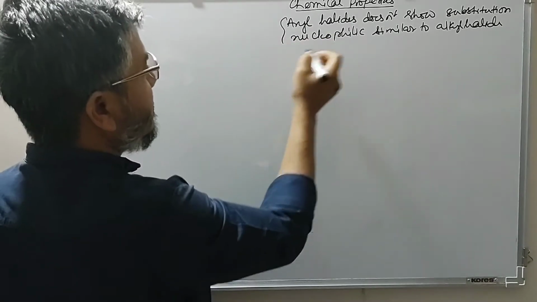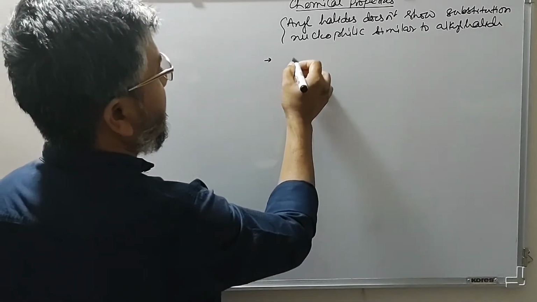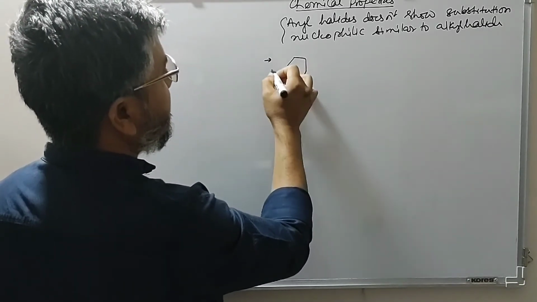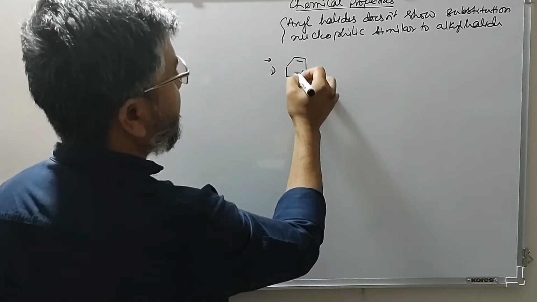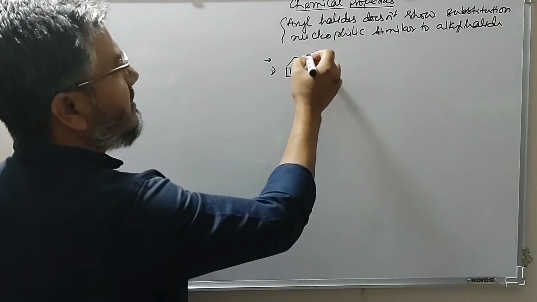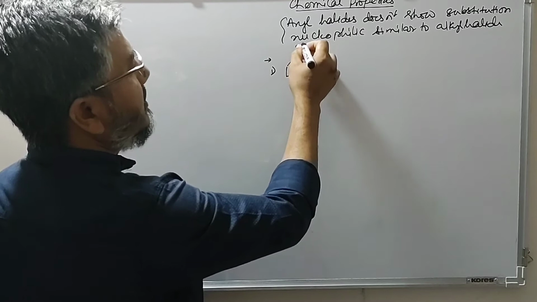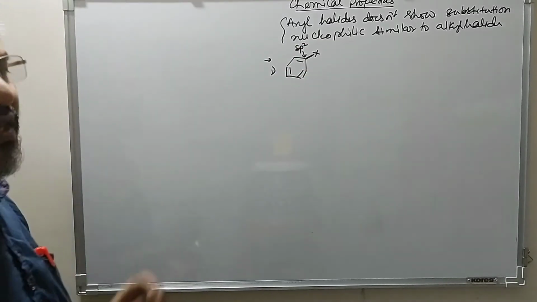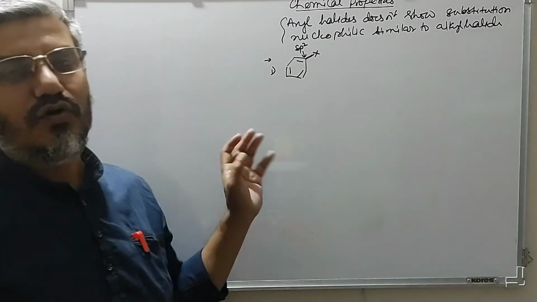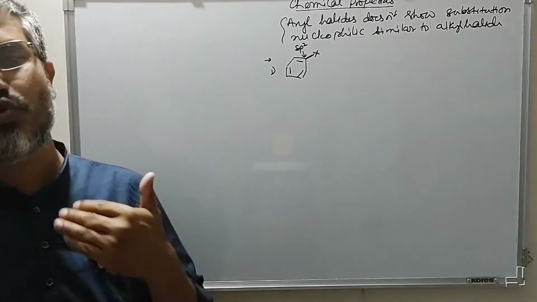So the reason for this is, first look at this. In case of aryl halides, this is the first reason. We have this carbon, this is halogen. So look at this carbon halogen bond. This carbon being sp2 hybridized, more electronegative, the bond becomes shorter, so this C-X bond becomes stronger.